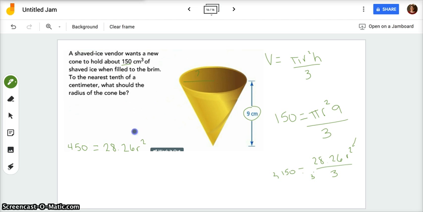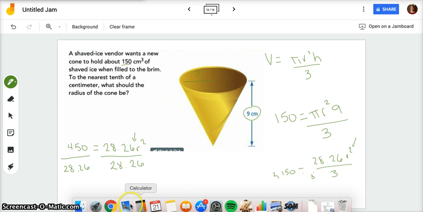Well, since there's multiplication happening right here, we know that we can undo multiplication by dividing. So we're going to divide by 28.26 to both sides. Whatever we do to one side, we have to do to the other.